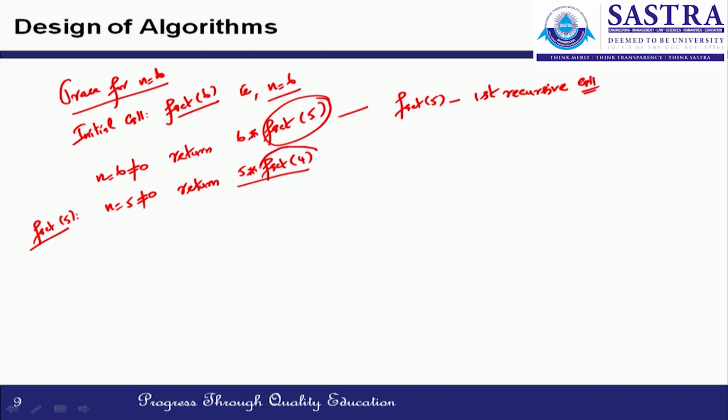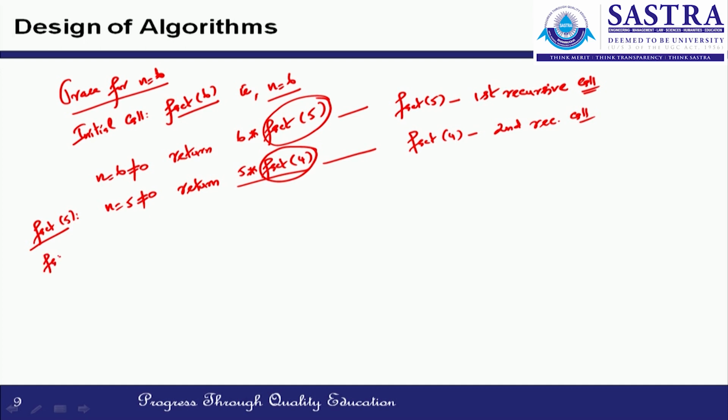Now to evaluate fact of 4, this is the second recursive call. The new actual parameter is 4, so the formal parameter n receives the value 4.